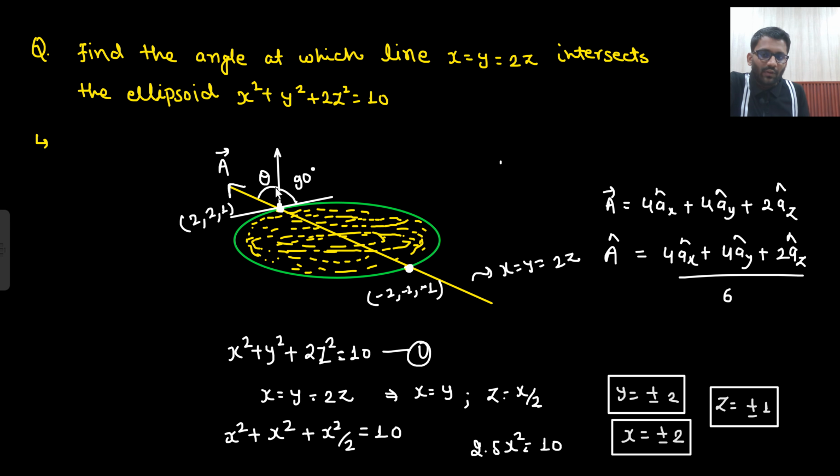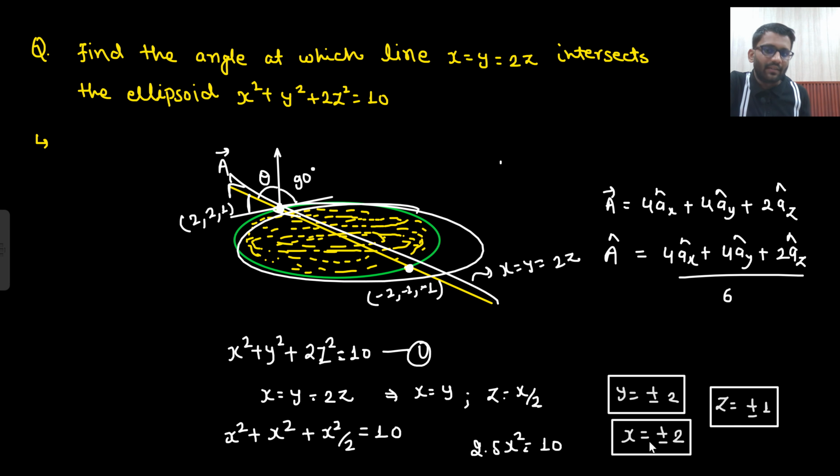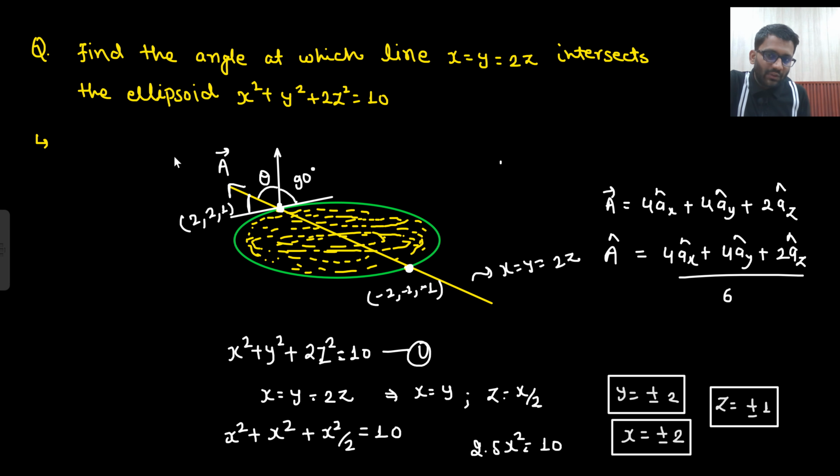So this theta you have found. What do you actually need? Do you need this theta? No. You need this angle. Are you getting this point? Angle between this line and the plane, right? What is your line? This is the line.